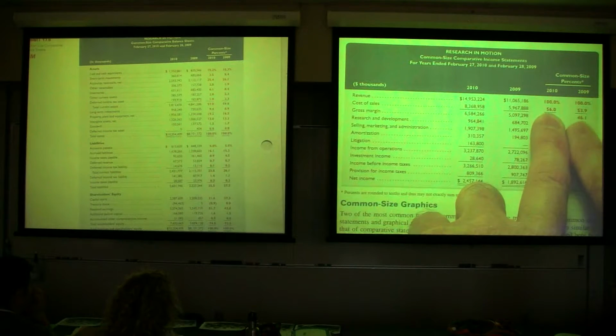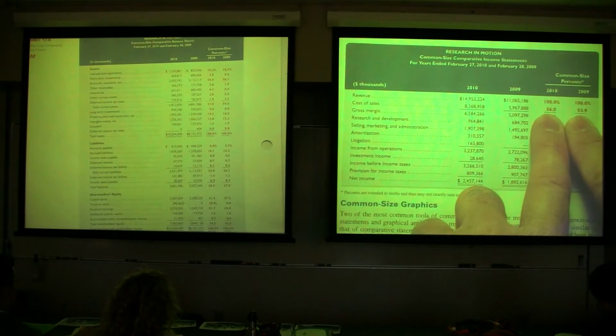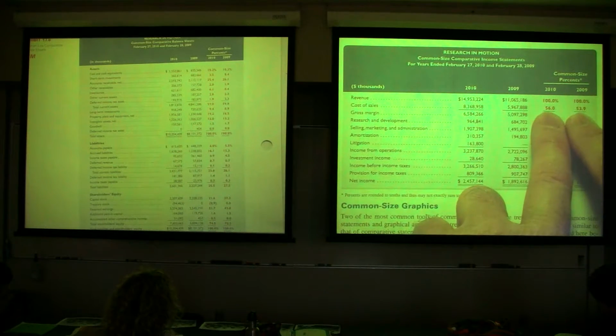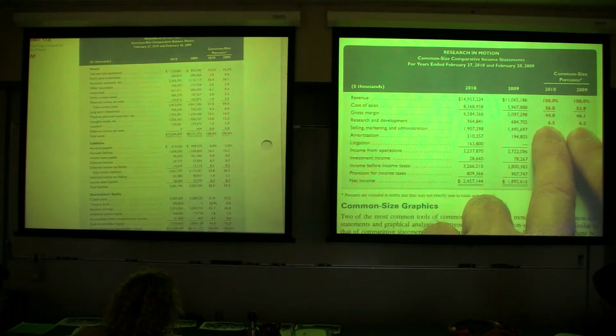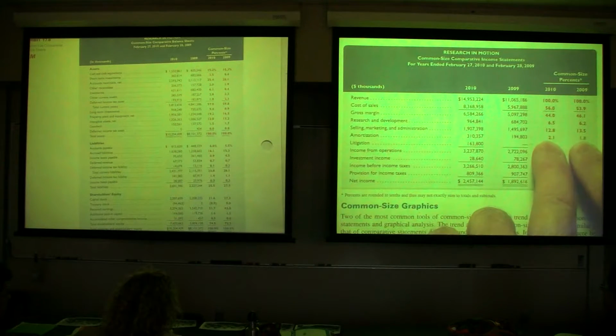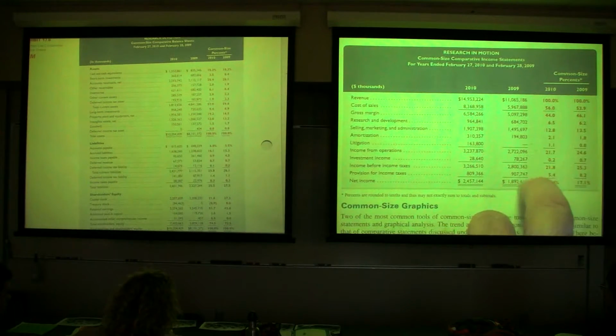So in this case, in 2009, the cost of sales was 53, but in 2010 it was higher. So the deal is, they're not doing as good a job of buying their stuff. And of course, the gross margin was down correspondingly year to year. Their research and development costs went from 6.2 to 6.5. Now the marketing got better, they got this cost down. Amortization went up.